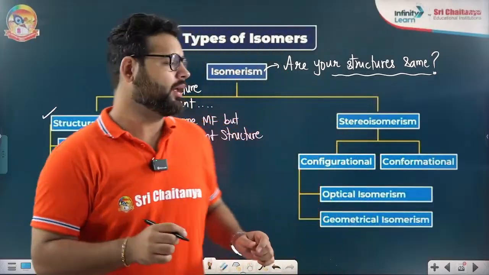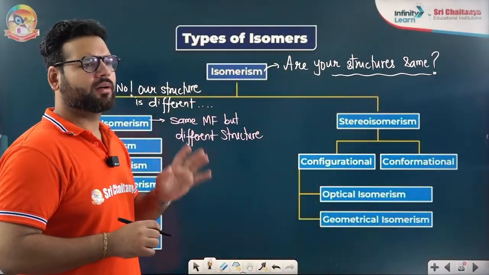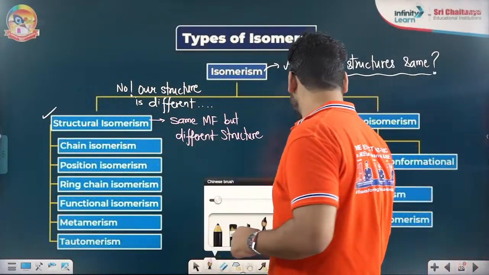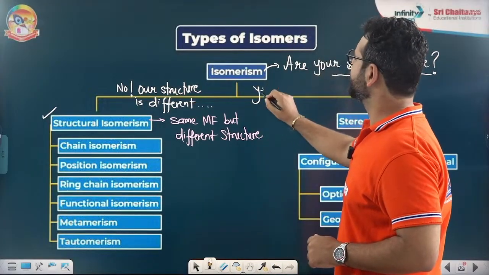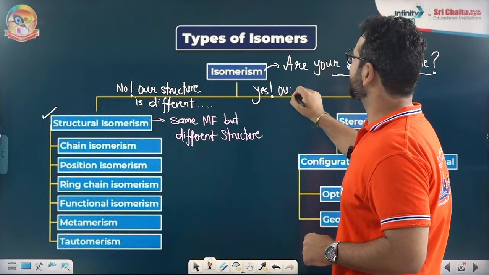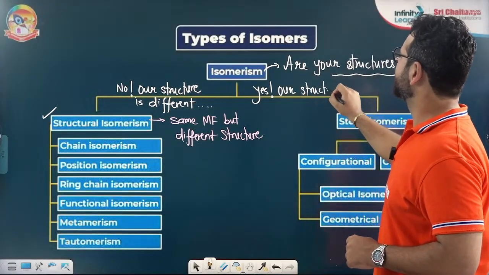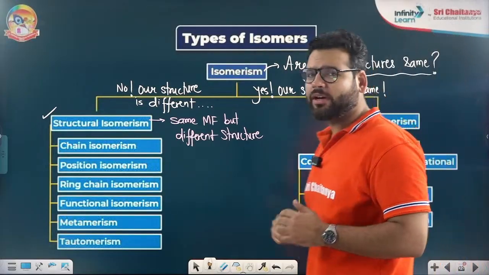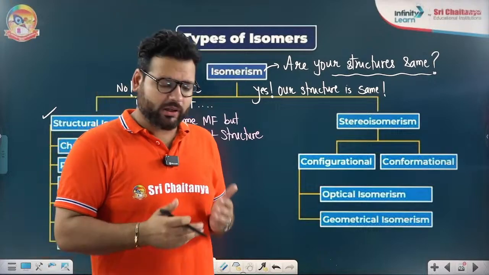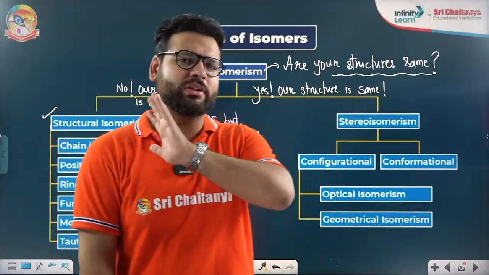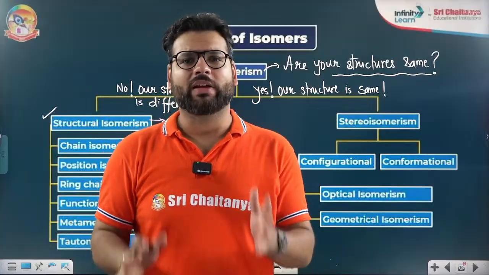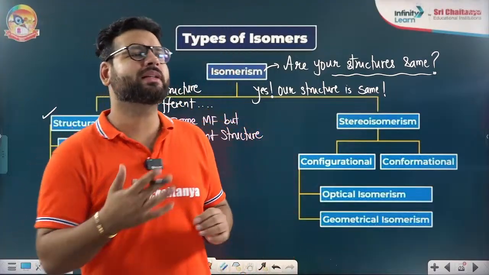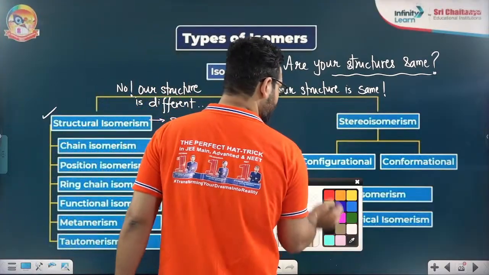Start writing it: compounds with the same molecular formula but different structure. But if they answer, yes, our structure is the same, then you say, please stand up, because when you are lying on the notebook, I am not able to see any structural difference.